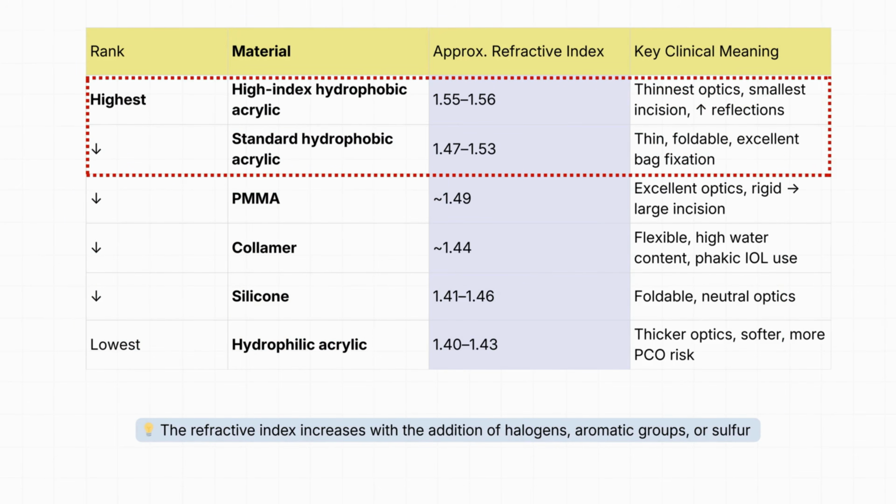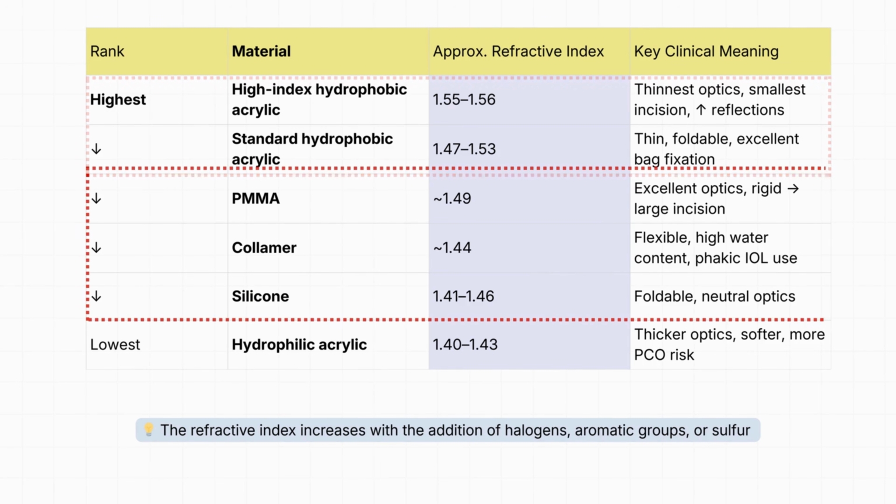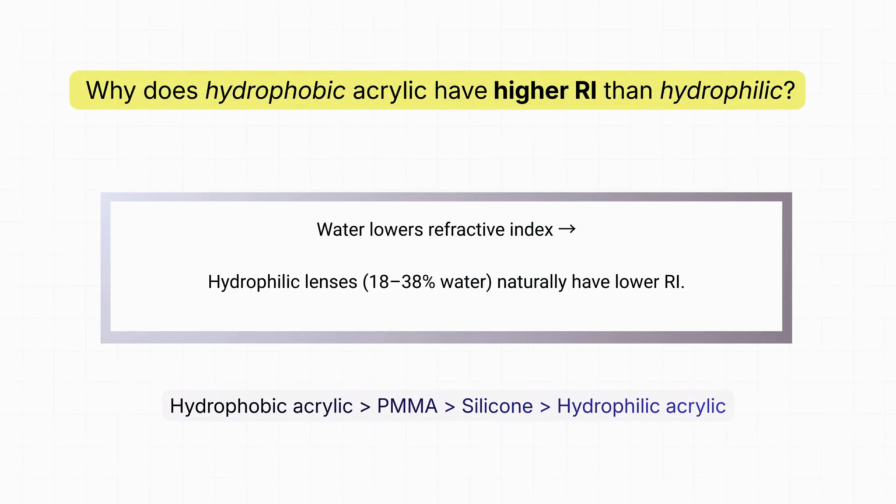As you can see from the table, the hydrophobic acrylics have the highest refractive index among the commonly used IOL materials. Then they are followed by the PMMA, Collamer, silicone, and the lowest refractive index exists for the hydrophilic acrylic. The question is, why do hydrophobic acrylics have a higher refractive index than the hydrophilic?